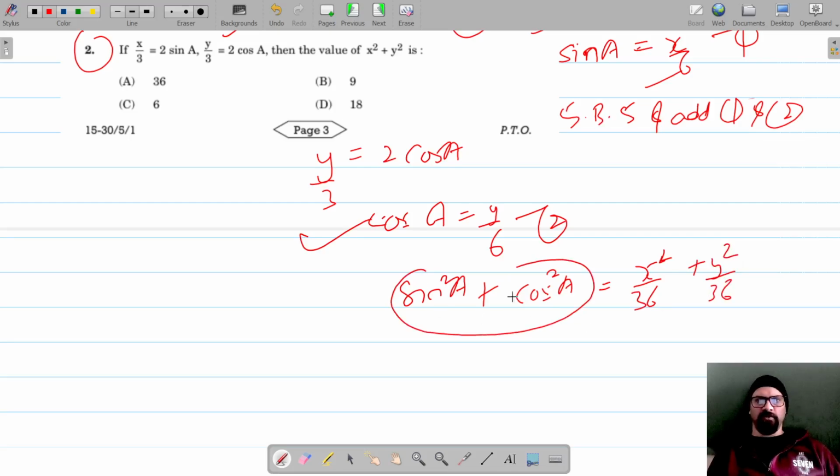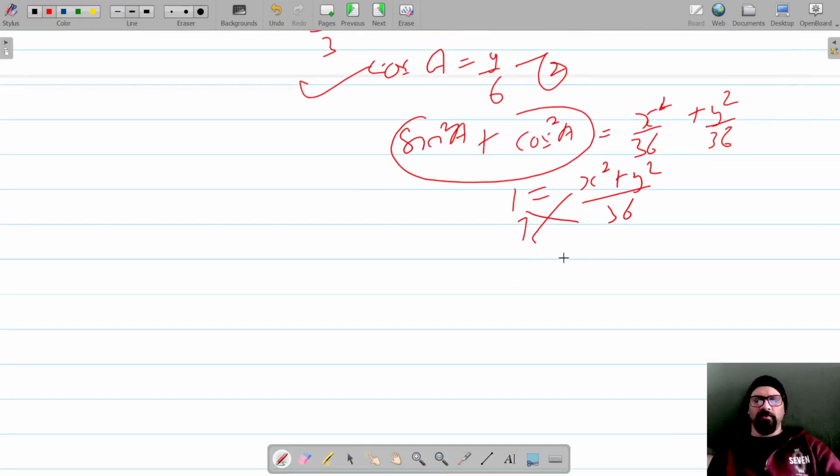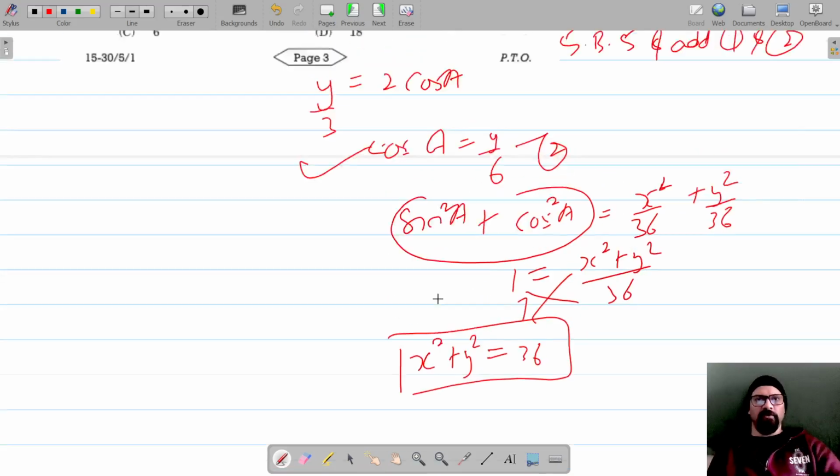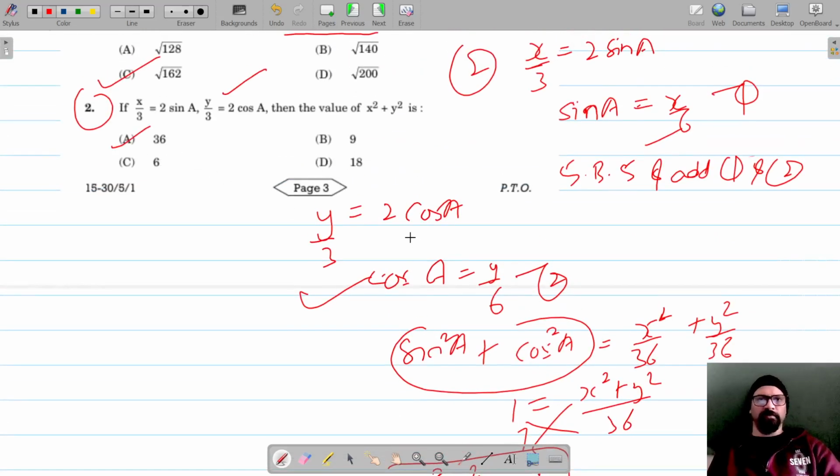And now we know that sine square A plus cos square A is 1. So this is x square plus y square upon 36. And if we cross multiply this, we get x square plus y square is equal to 36. So the value of x square plus y square is 36.